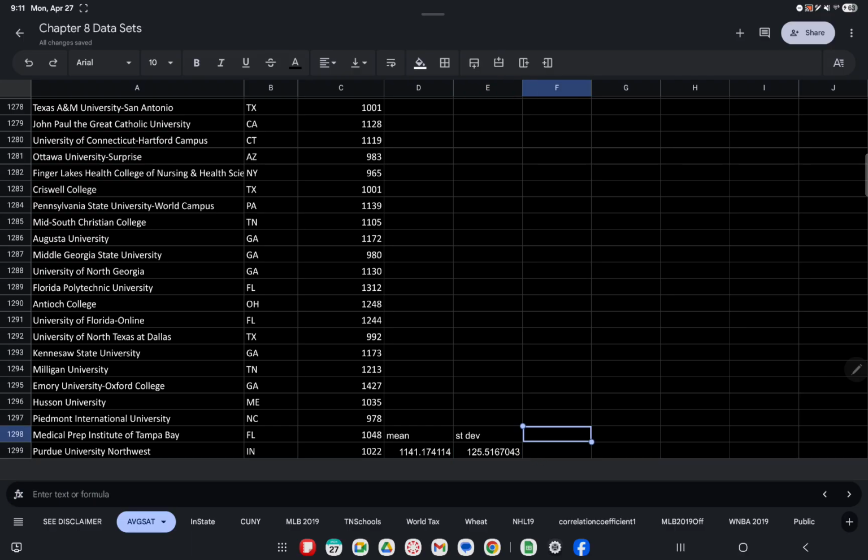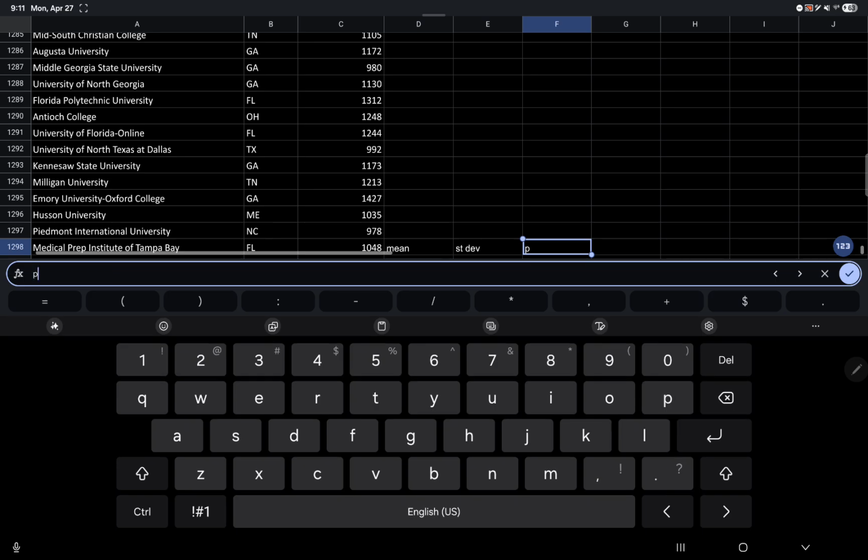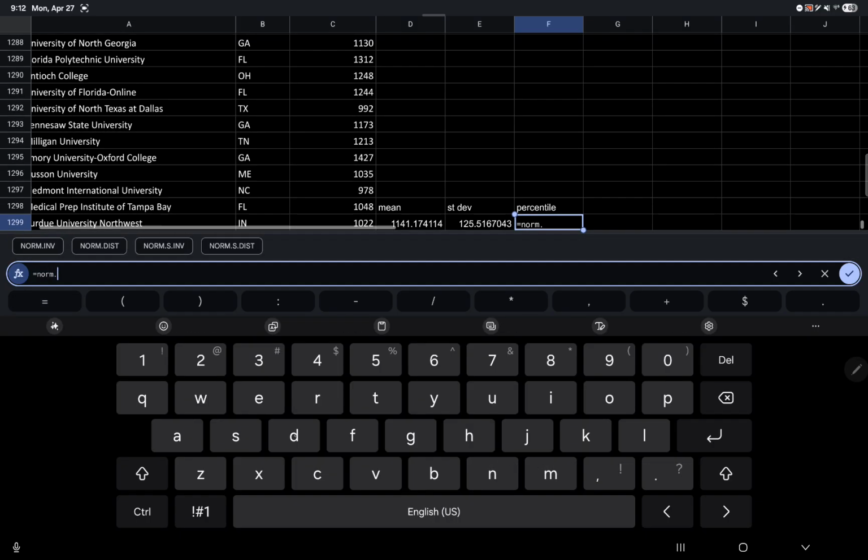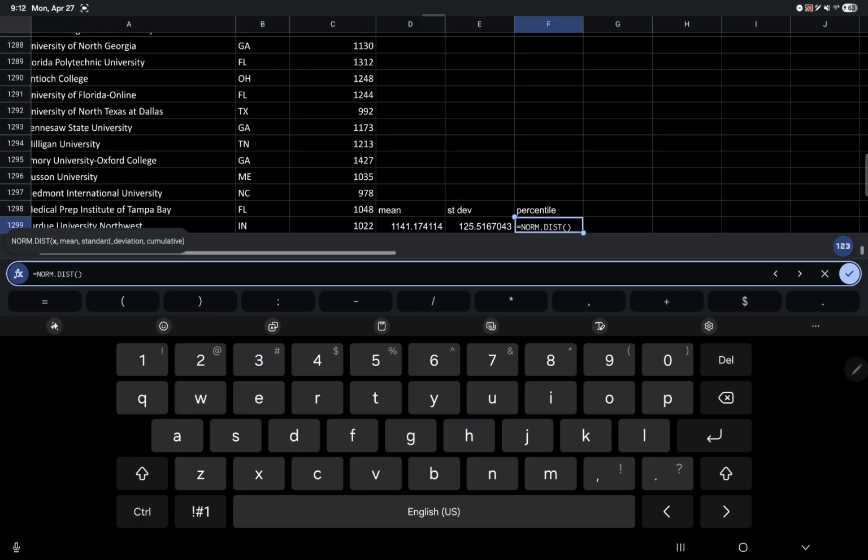So we want for this one percentile, if I can spell. So we want to use equals and then normal distribute, data value, which was what? 1250. And then we just found the mean and standard deviation.